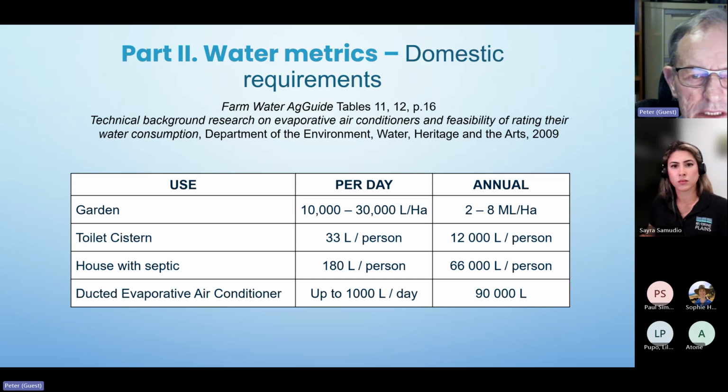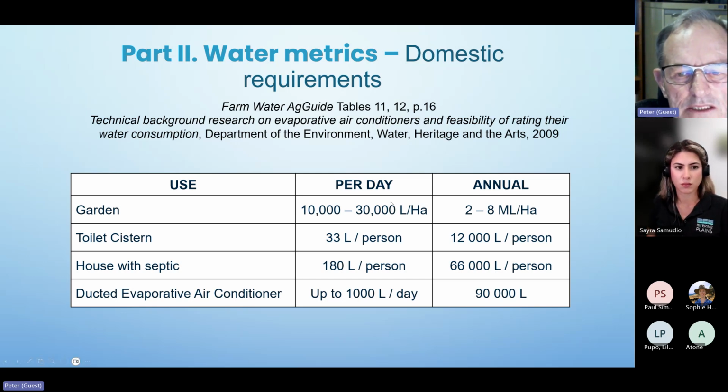So gardens can use anything up to 10 to 30,000 litres per hectare, depending on how lush your garden is. If you've just got a separate toilet somewhere, that might be 33 litres a person.